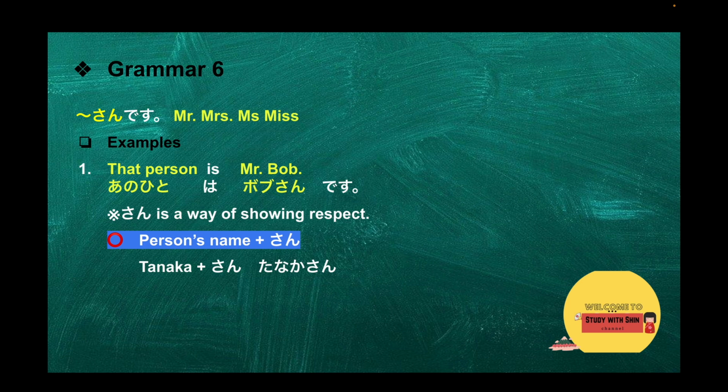But usually, people address each other using their last name. They don't usually use first name plus san to address someone. It's only for very close friends or family members. Japanese are very particular about it, so please try to just use the last name and san.